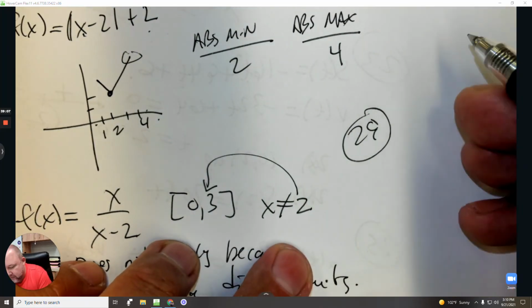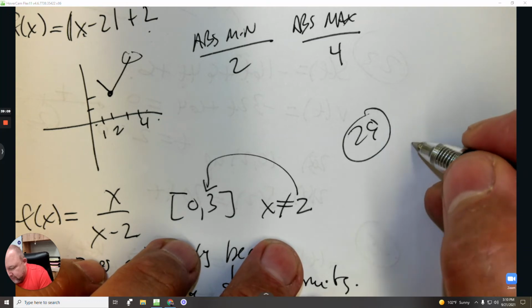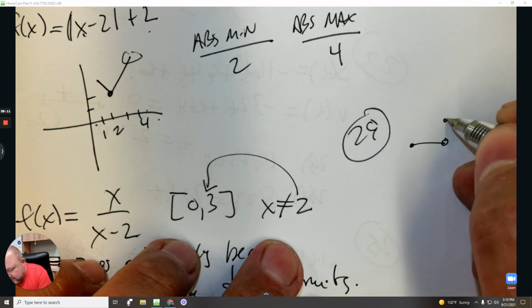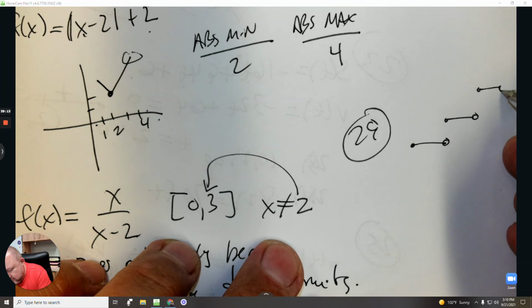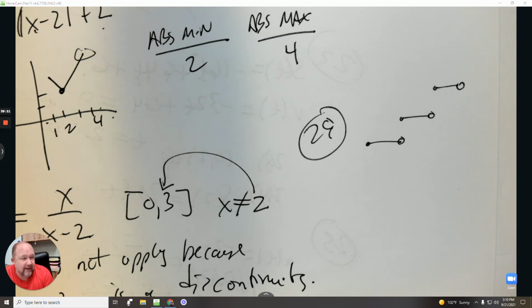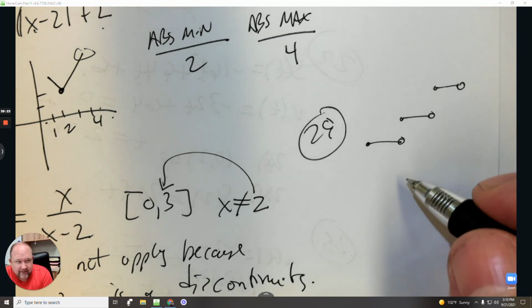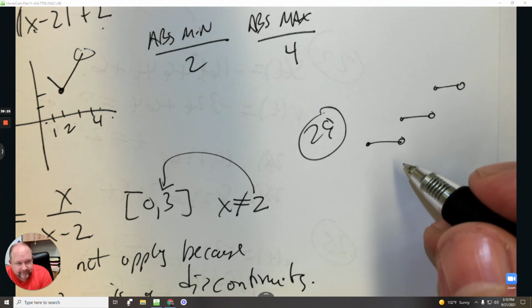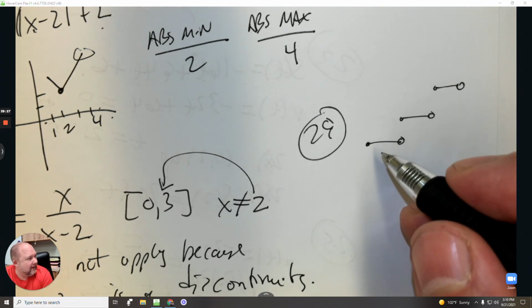Find all the critical numbers. Now, this is a step function. This is what it looks like. So critical numbers is where the derivative is equal to 0 and where the derivative is undefined.